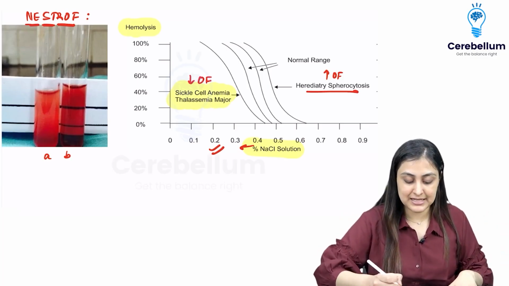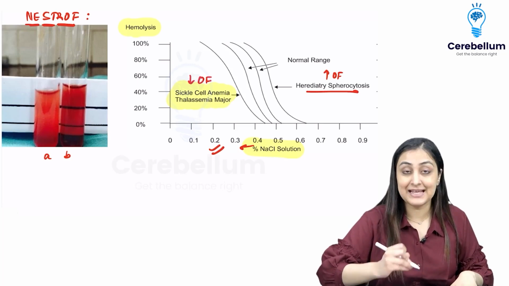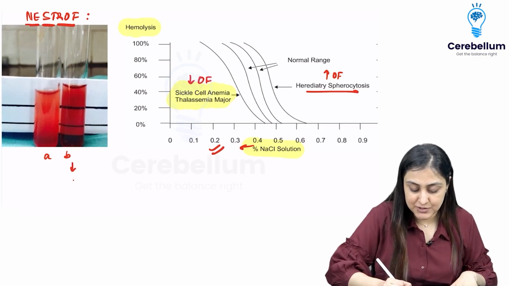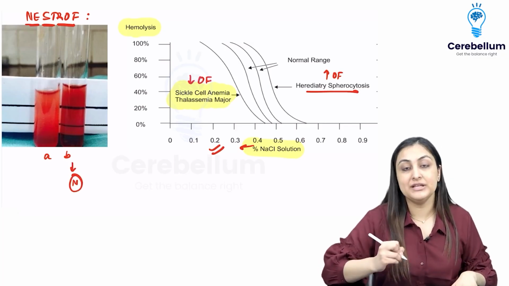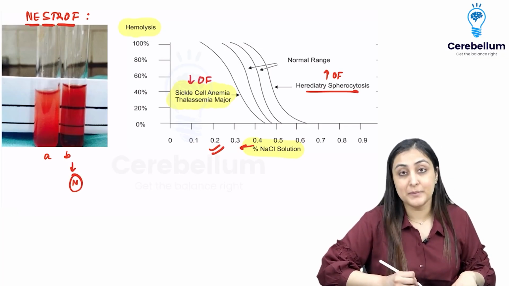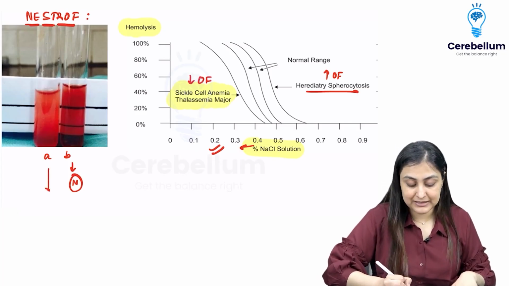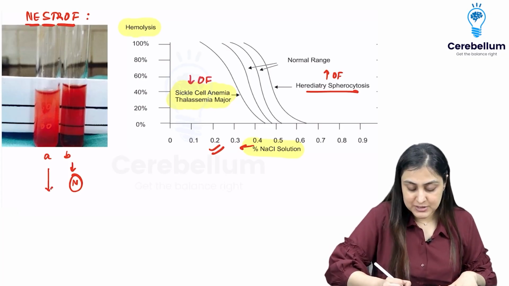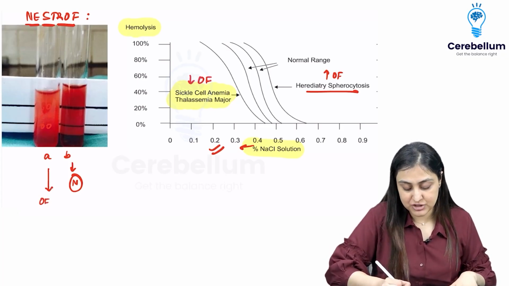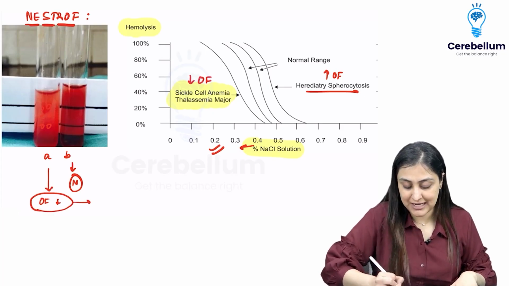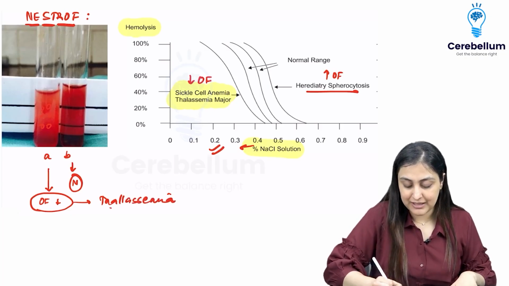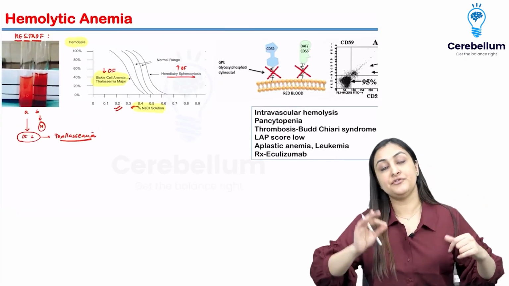So, whenever the cells are lysed, I'm gonna see the lines beyond it, right? There are no cells to block the view. So, I can see the lines, so this is normal. On the other hand, when it is still not breaking and the RBCs are blocking our view of the line, this is when I can say that the osmotic fragility is reduced. They have still not lysed, meaning this is thalassemia. Alright, so this is how you gotta interpret the NESTROFT test.